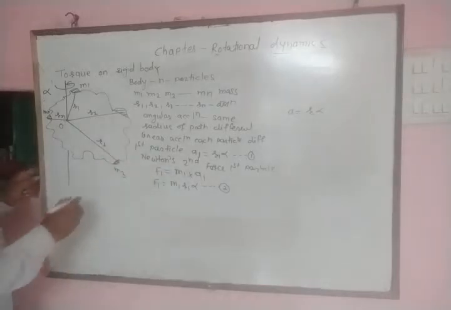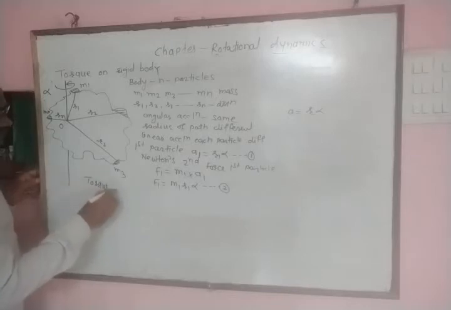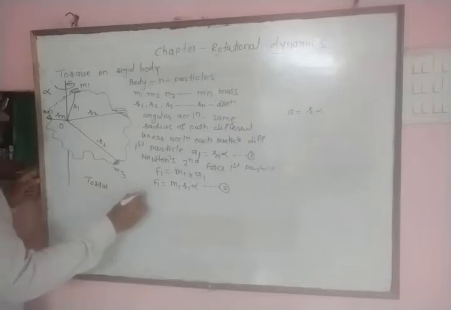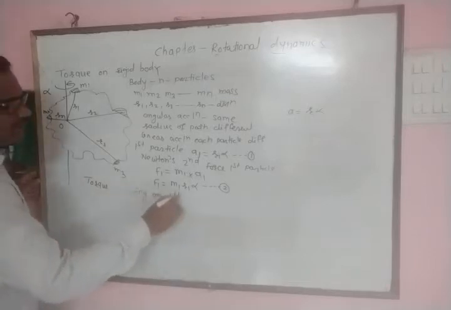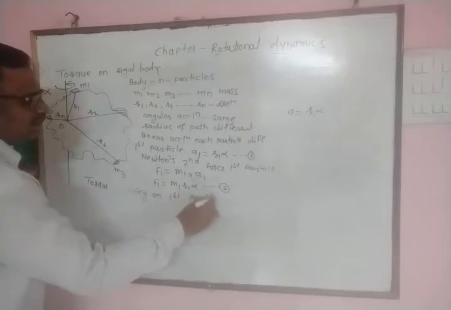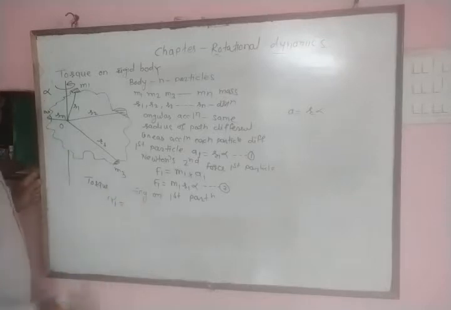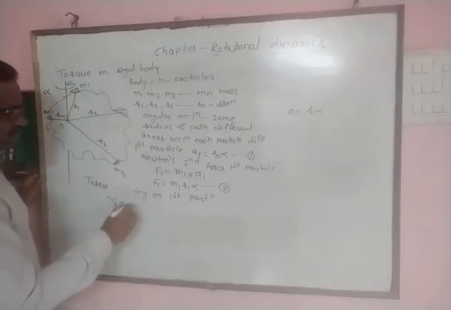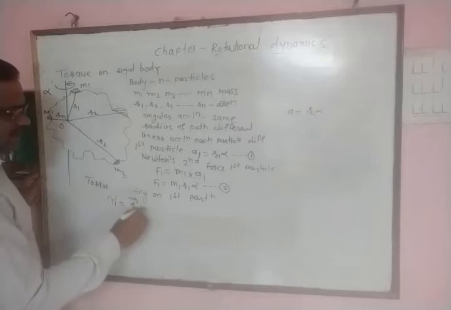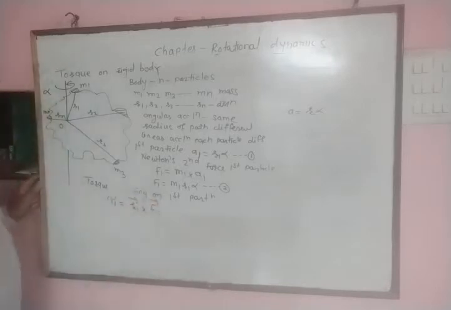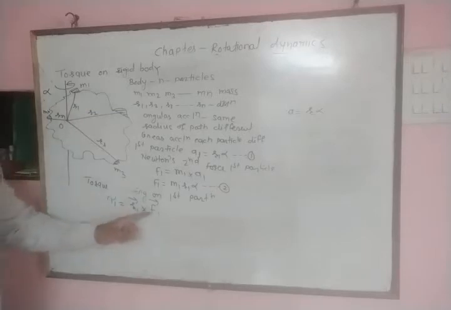Now we calculate torque acting on the first particle. Suppose it is denoted by torque 1, and we know it is the cross product of r and F. That means magnitude of r1 into magnitude of F1 into sine of theta.